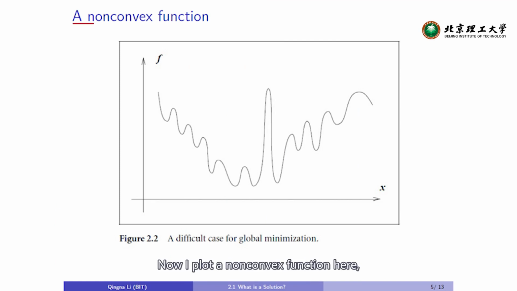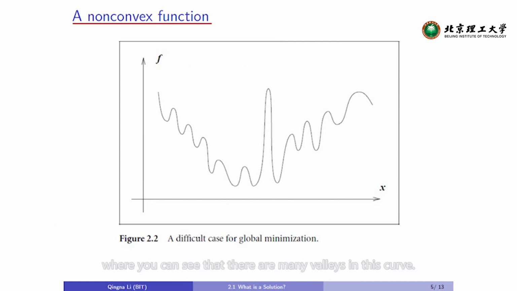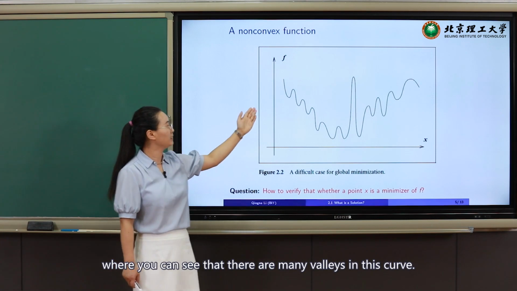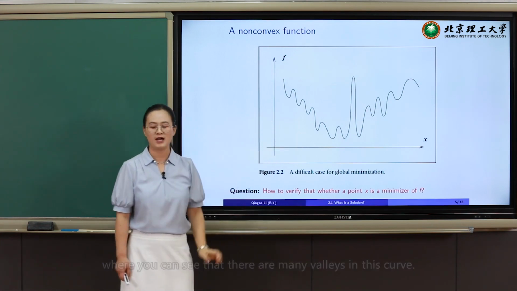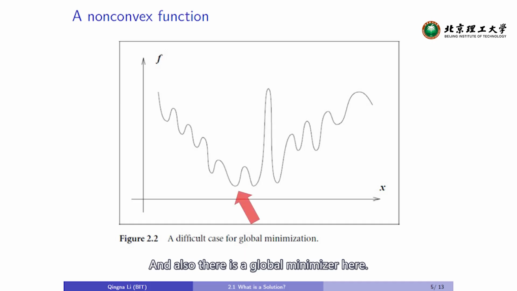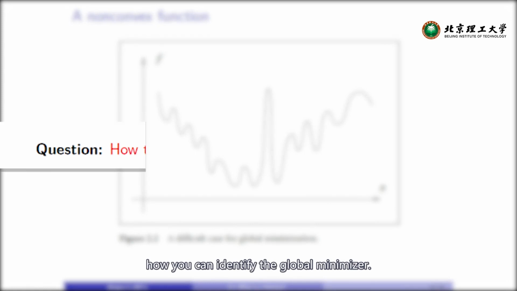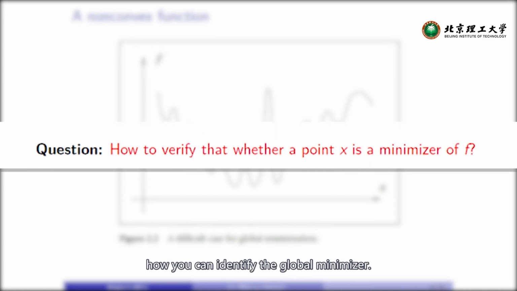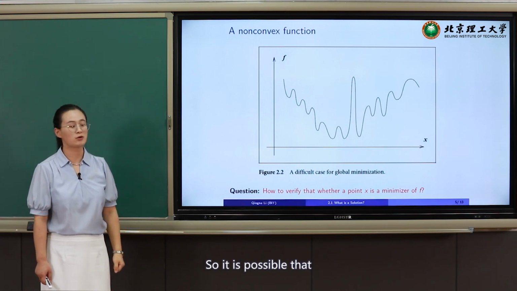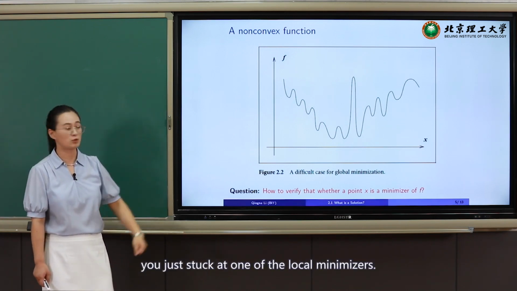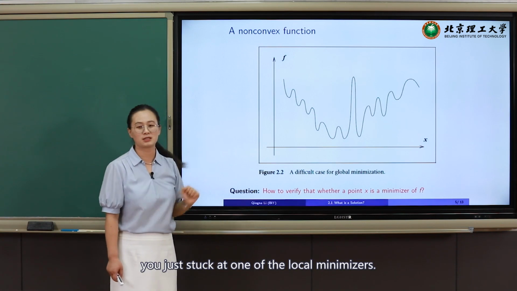Now I plot a non-convex function here, where you can see that there are many valleys in this curve, and also there is a global minimizer here. However, a question is how you can identify the global minimizer. It is possible that you just get stuck at one of the local minimizers.